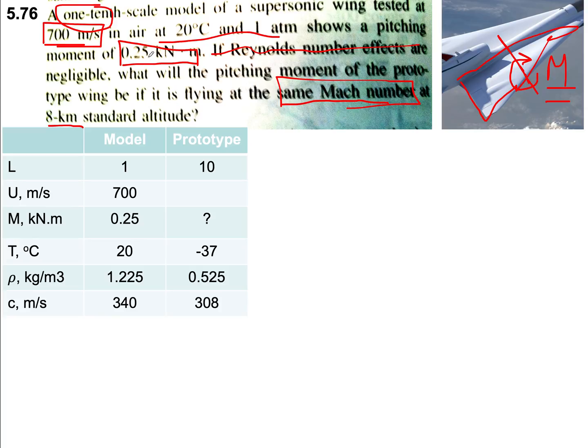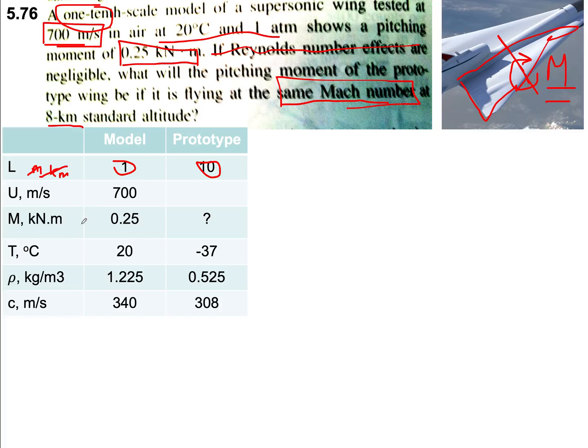So here's what we have. The length of the model is 1 unit, while it is 10 units in the prototype, so it's 10 to 1. I don't have whether it's meter or kilometer or centimeter. That doesn't matter because it's not given; we only know the ratio.